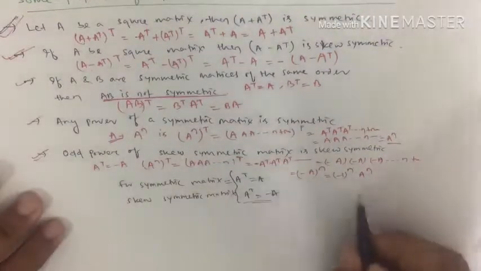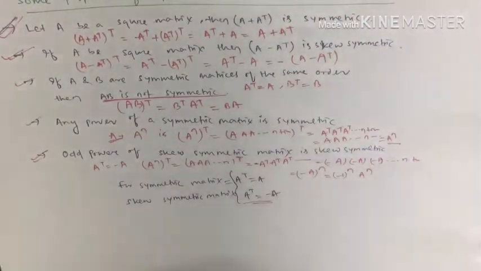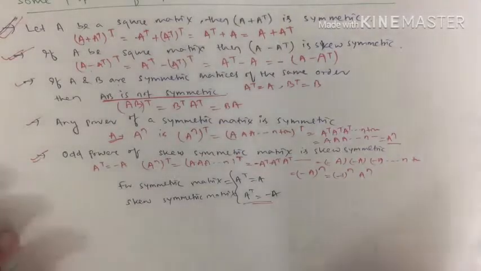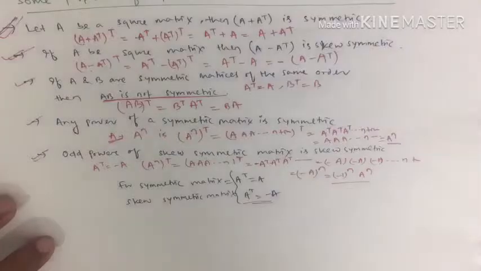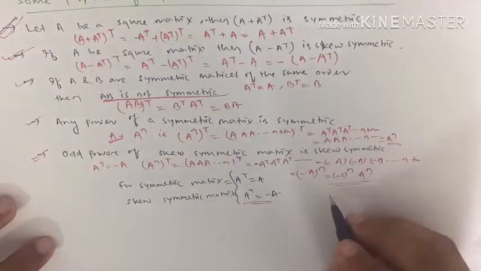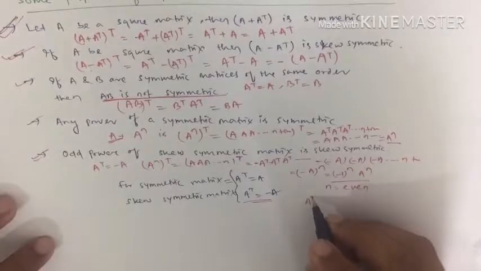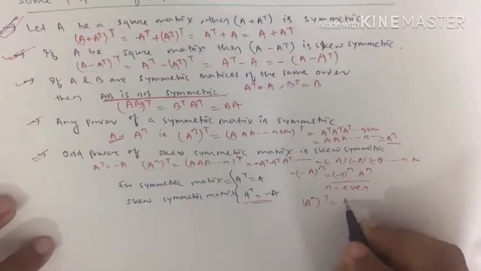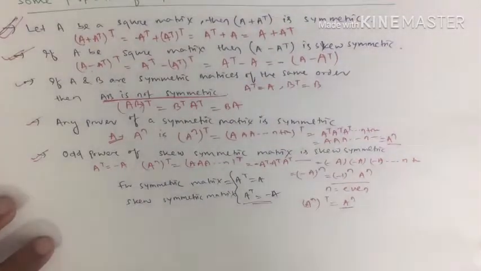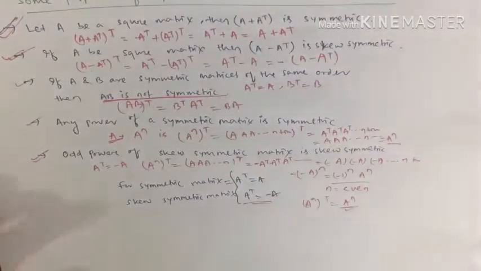So in a general way, if A is a skew symmetric matrix, then A to the power n transpose can be written as minus 1 to the power n into A to the power n. For n even, you will get A^n transpose is equal to A^n, which is a property of symmetric but not skew symmetric.